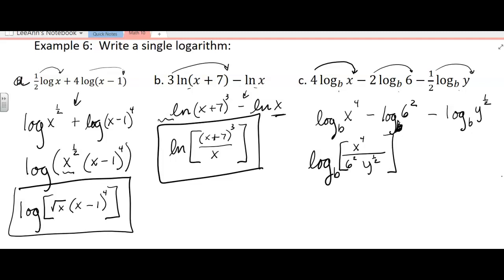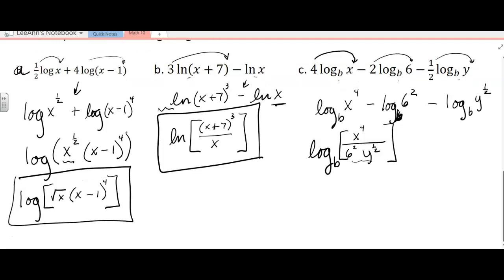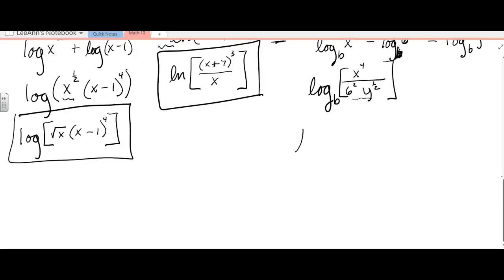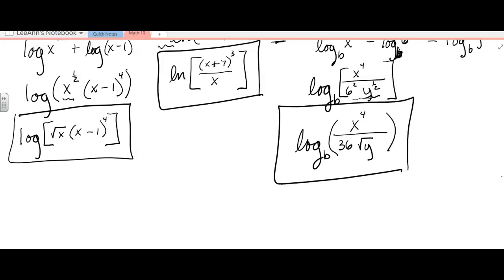Now notice that when I put those together, it's multiplication there. That's the way that works. Okay. So log base b, I'm going to switch to parentheses. I don't need the square brackets, I don't think. So x to the 4th over, and then I'm going to make that 6 squared 36. That would be part of the simplifying. And then the y to the 1/2 I'm going to write as the square root of y. That's what I'm going to have, and I'll be done.